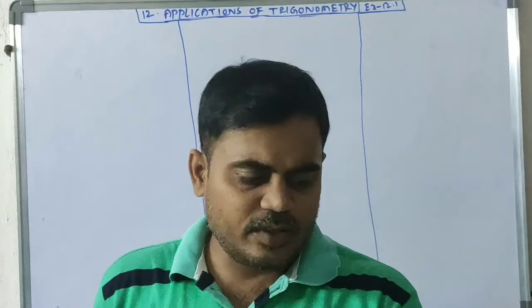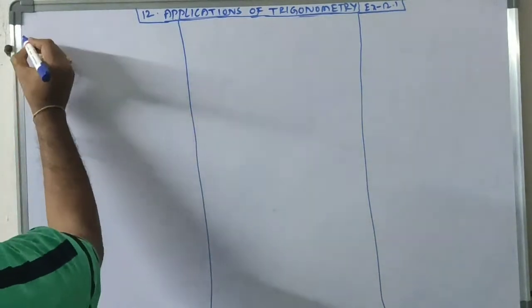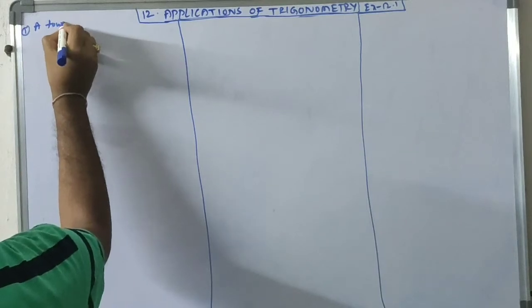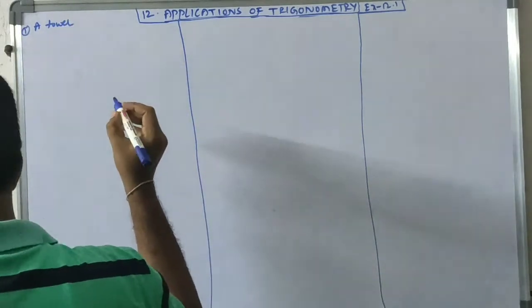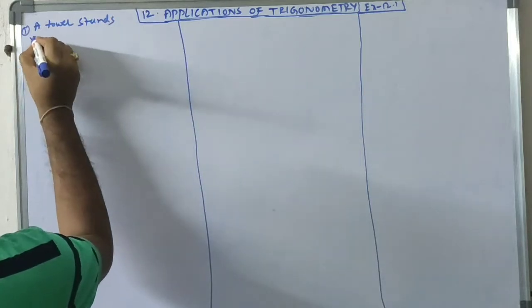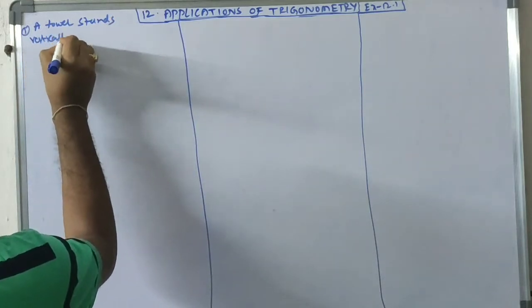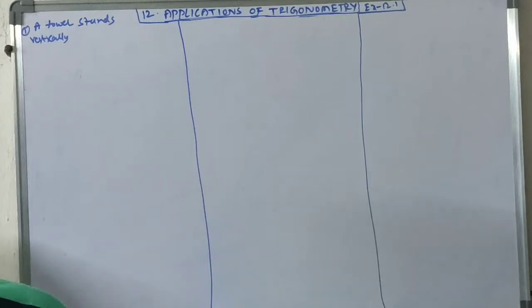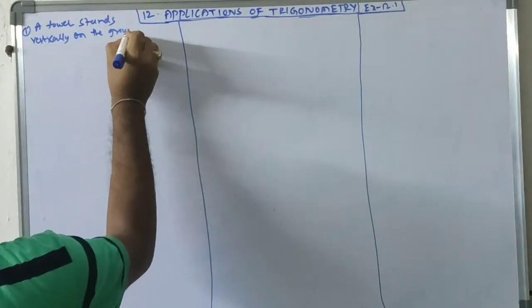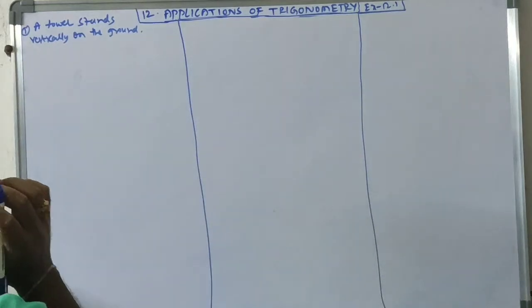Exercise 12.1, first question. A tower stands vertically on the ground.